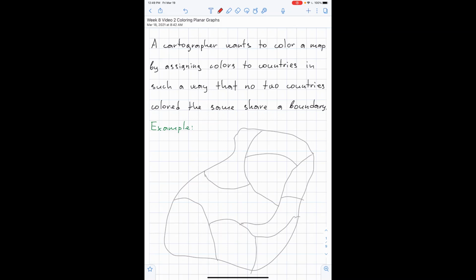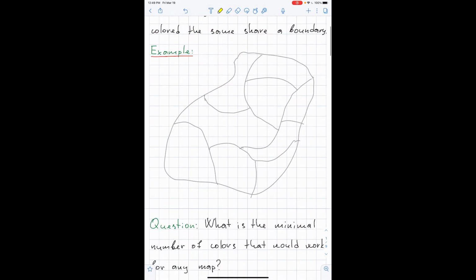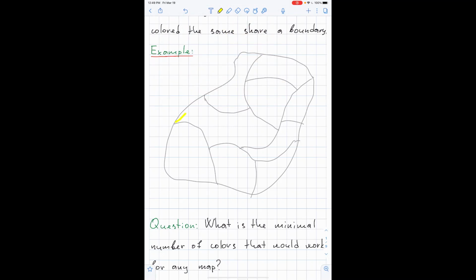So let's consider an example. Let's say I first use the yellow color, and I'll color some of the countries in yellow. Well, maybe I'll start, let's say, with this country. So I color it in yellow.